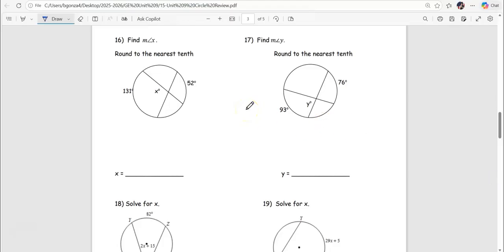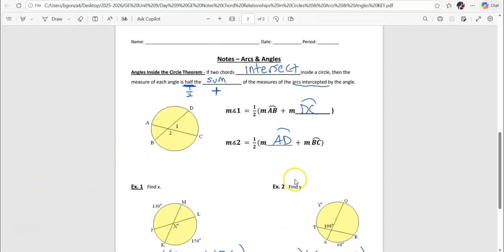Round to the nearest tenth. So when you're doing this stuff, the formula is, the angle. Yeah, so it's the internal angle equals 1/2 arc plus arc. Okay, you might remember this.